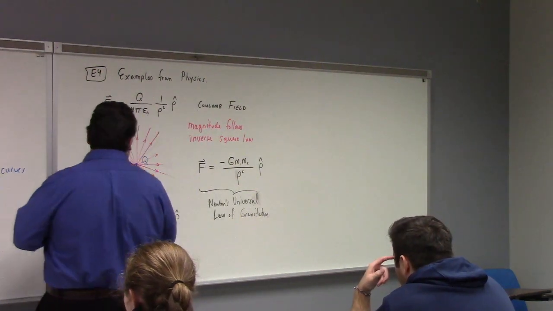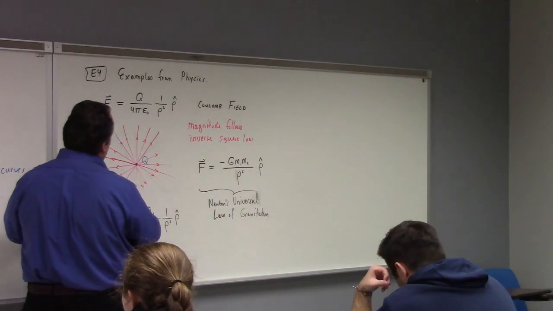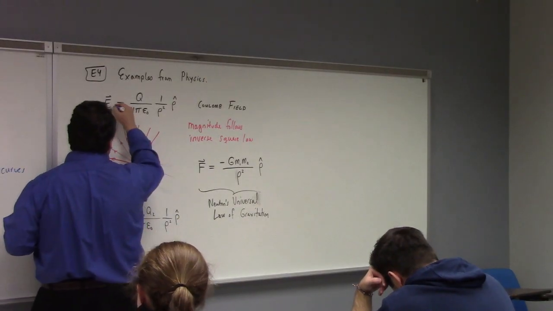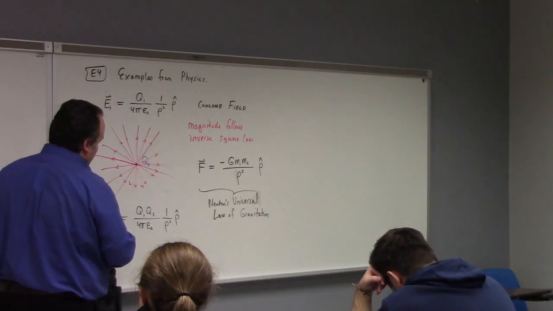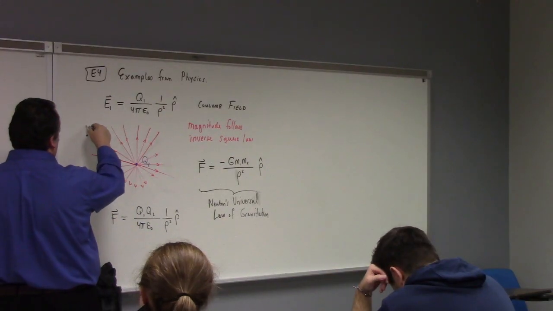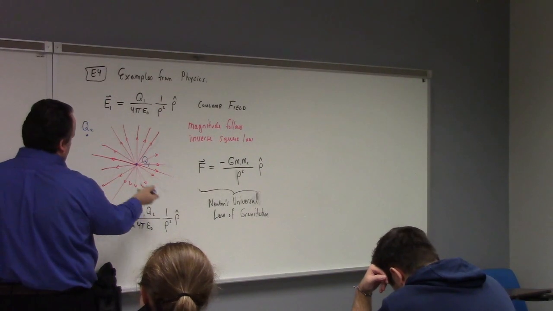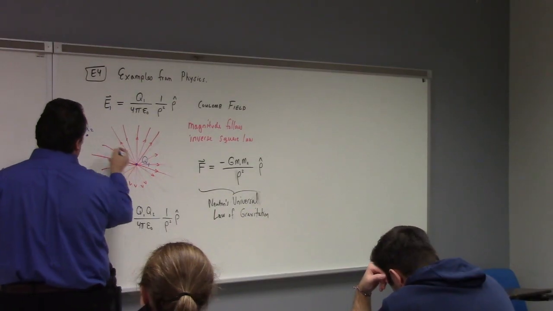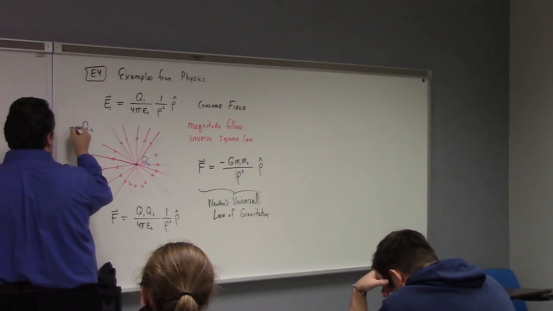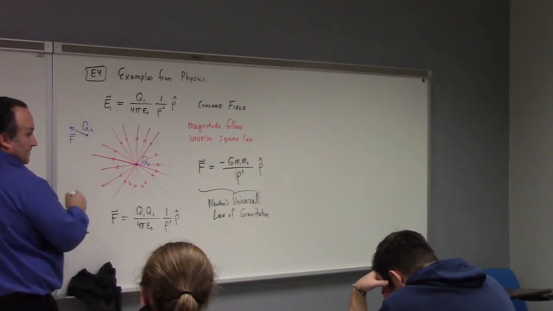If this was Q1, all right, so this is the electric field due to Q1, then Q2 would be another charge over here, and the force on Q2 is what I've written the formula for.